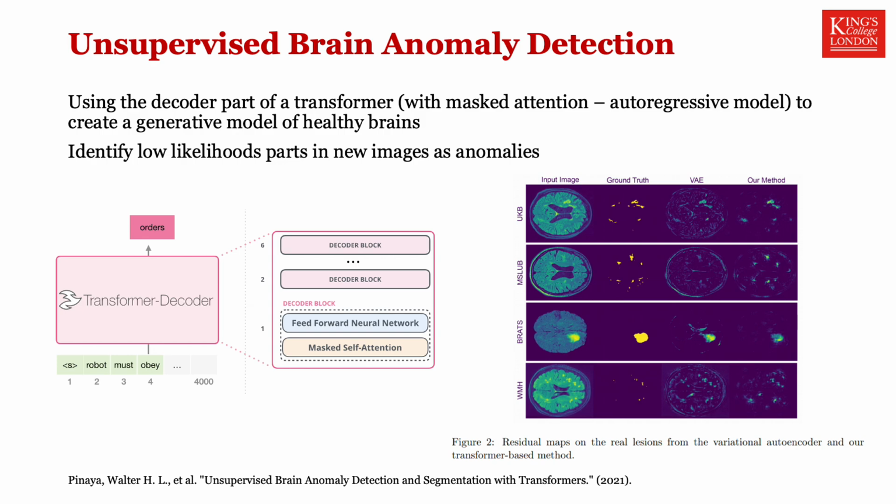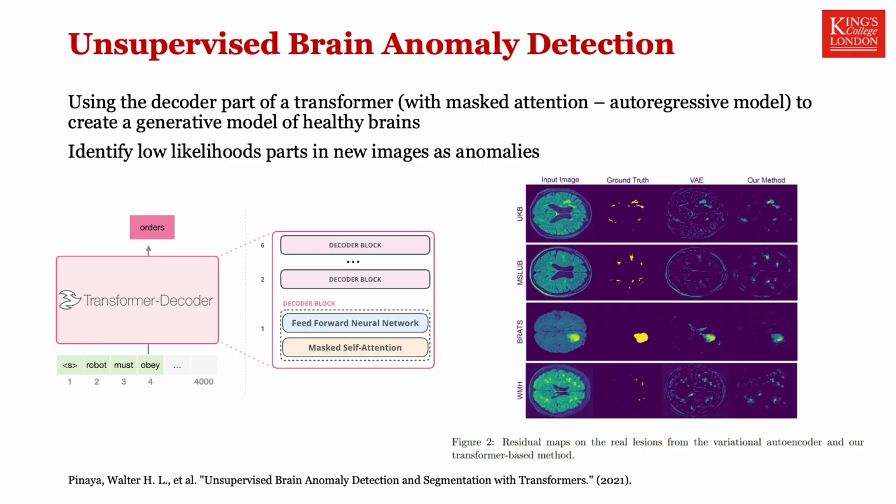So if you embed a series of healthy subjects and learn the token distribution, the quantized numbers of healthy brains, and you now give this network an unhealthy brain, you can figure out that certain of these tokens shouldn't be where they are. And that's because that sequence, which shows, for example, a lesion in a specific part of the brain, has never been seen before in a healthy population.